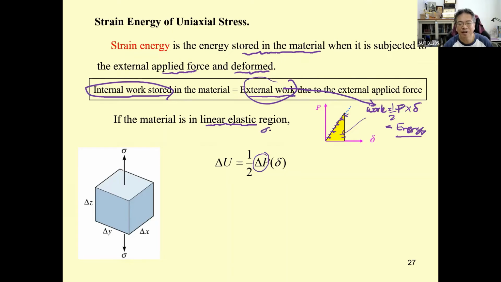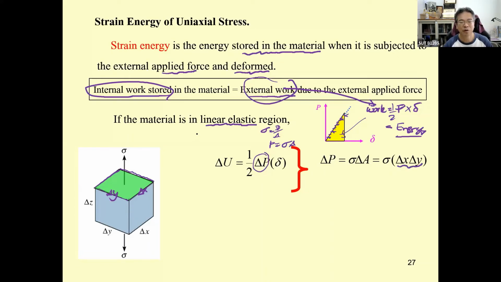We have sigma equal to P over A, so P is going to be sigma times A. And A is going to be, this is delta X and this is delta Y, so the area is delta X times delta Y.